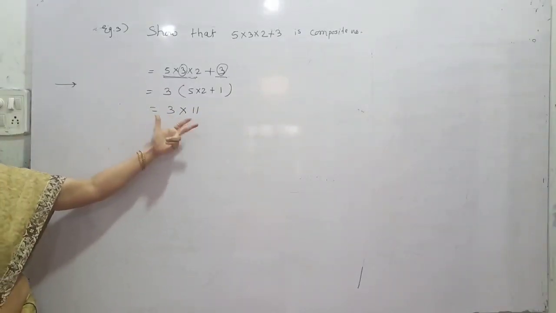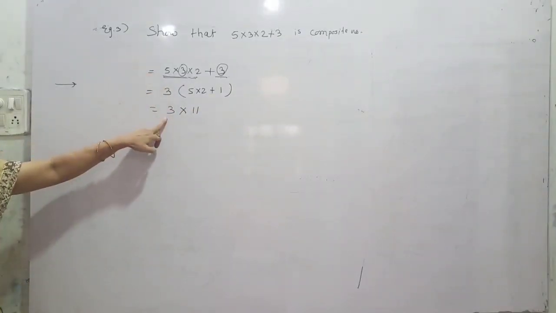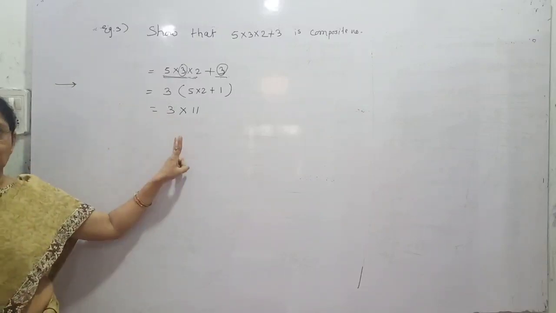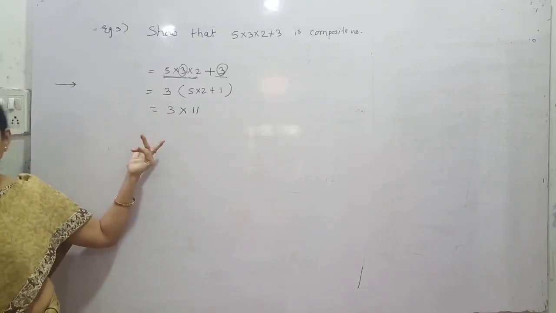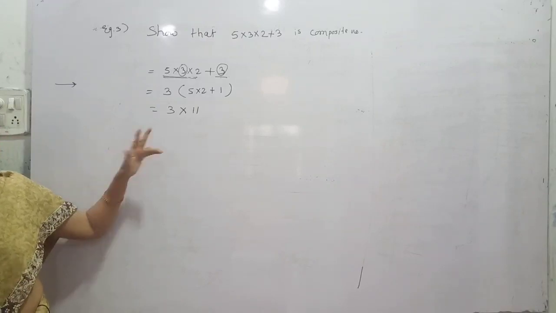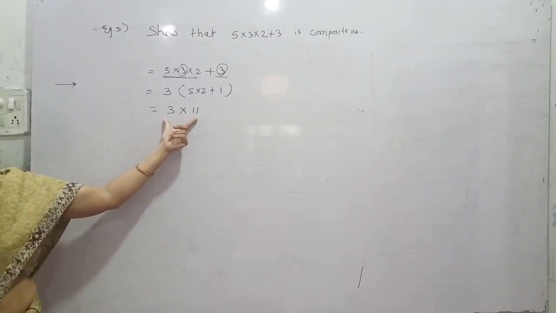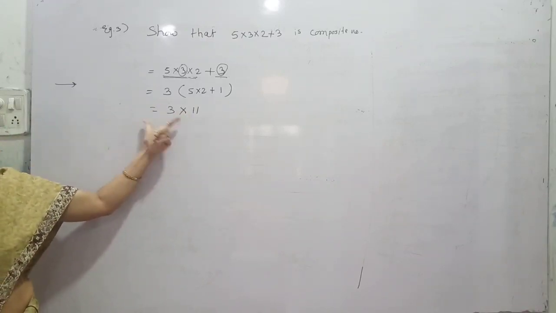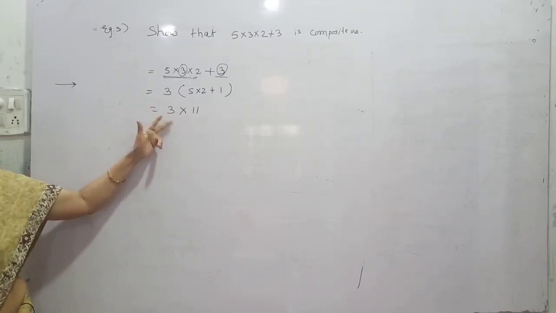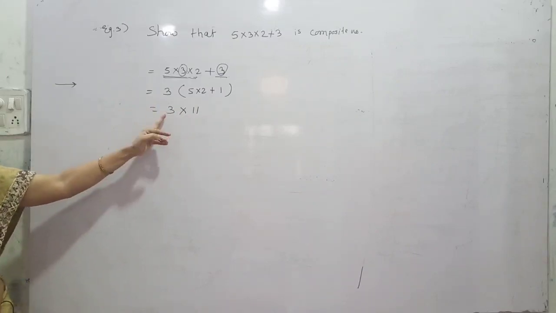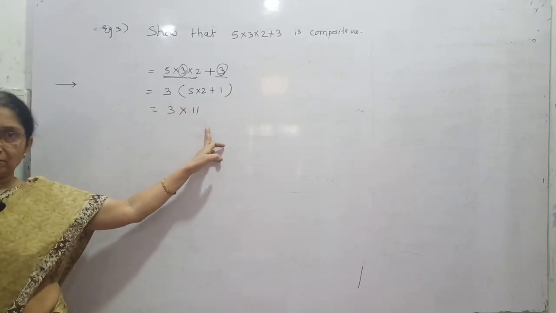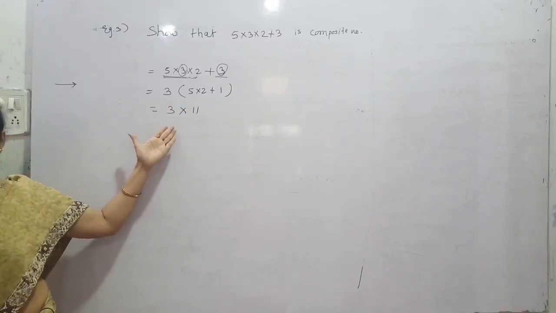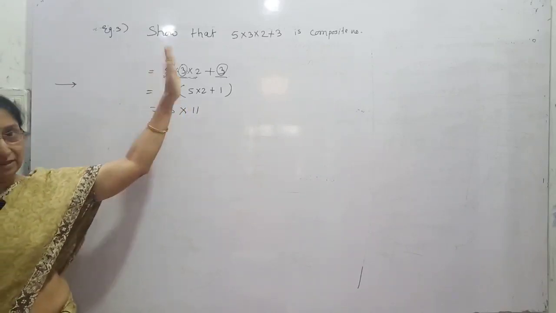Now this number can be expressed as a product of two numbers. Those numbers may be prime or composite, but you can express the number as a product of two numbers, which means it has two factors, 3 and 11. This number has two factors, 3 and 11, other than 1 and itself.